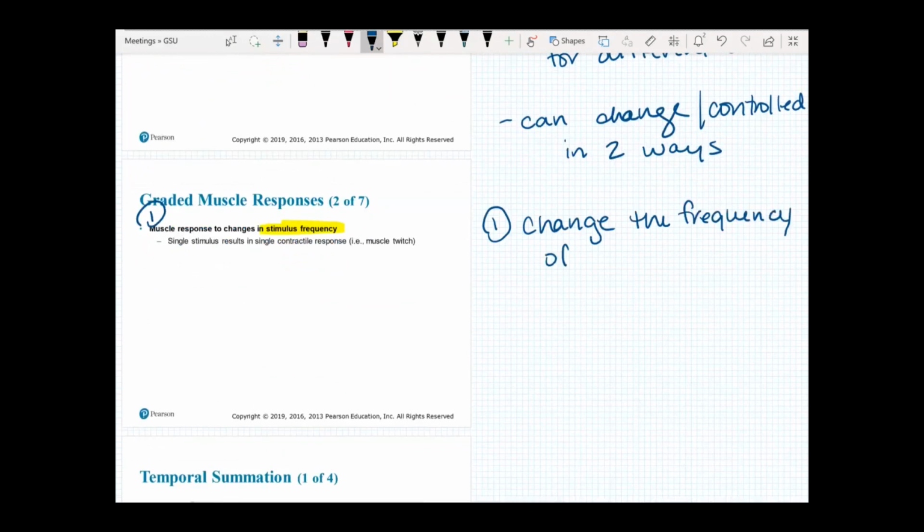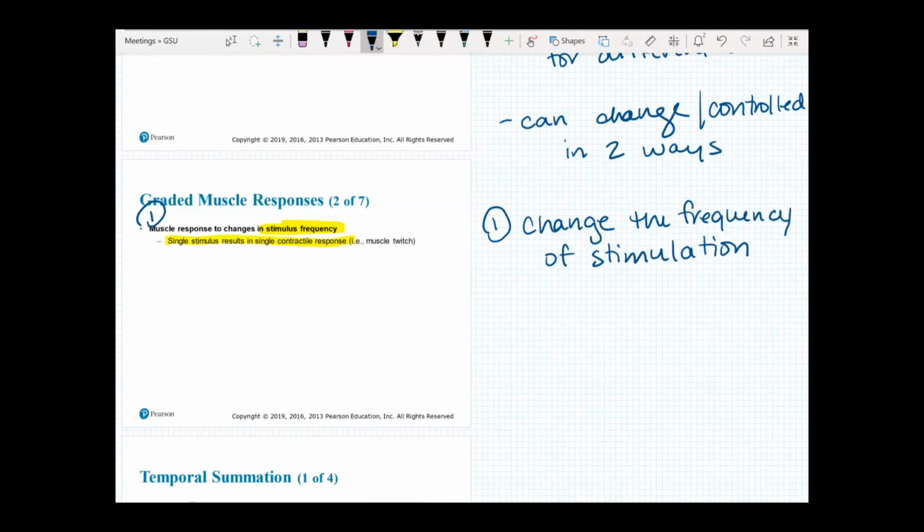Stimulation is going to be excitation. We've essentially given it a communication to do something. And if we change how many times that we do that, it's going to do that thing more. So a single stimulus results in a single contractile response. You're going to get a muscle twitch.